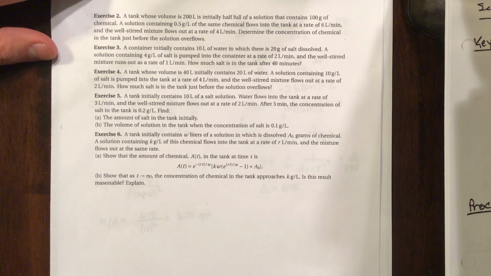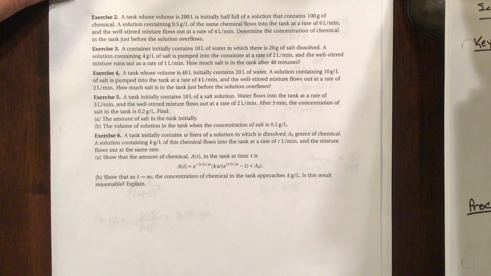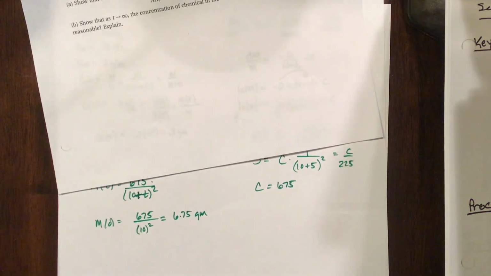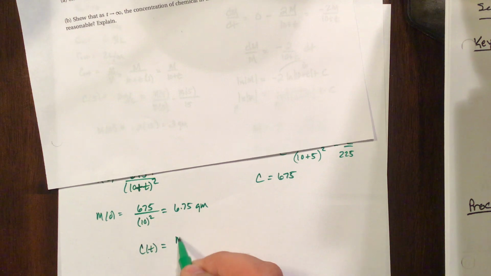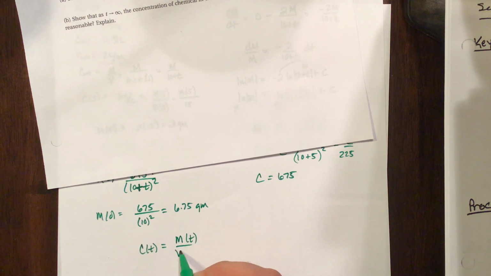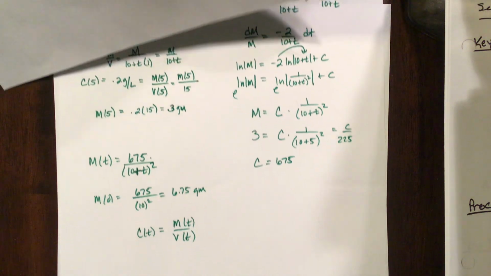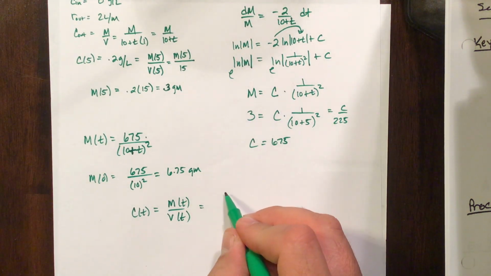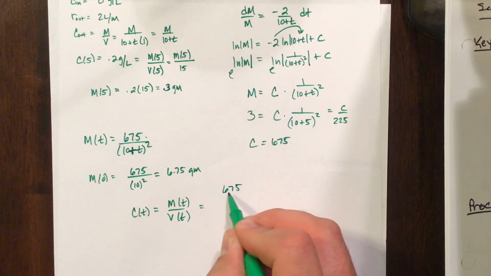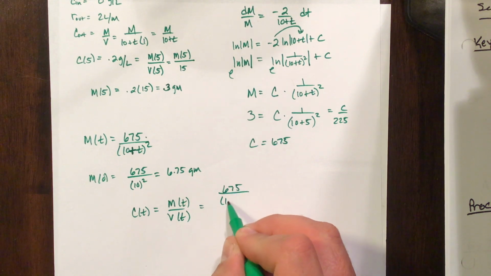Find the volume of solution in the tank when the concentration is 0.1 grams per liter. Okay, so the concentration, C as a function of time, is going to be M as a function of time divided by V as a function of time. Let's make sure you can see that. There you go. M as a function of time is believed to be 675 over 10 plus t quantity squared.